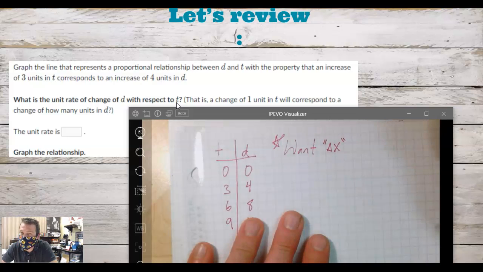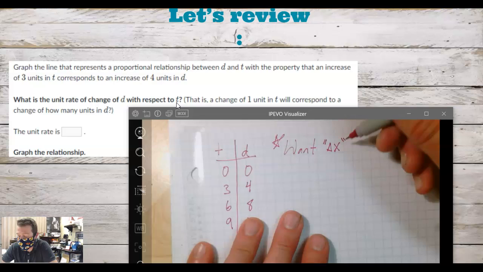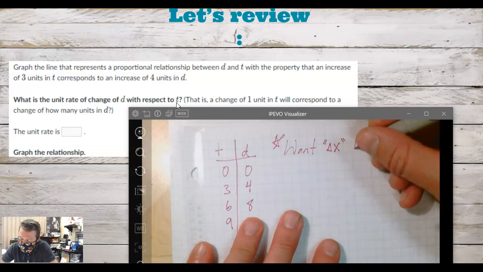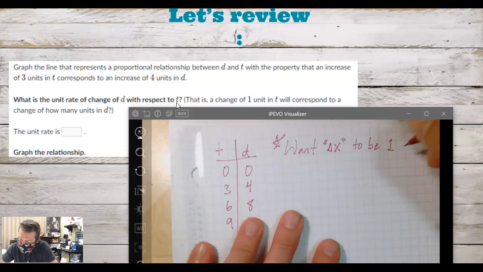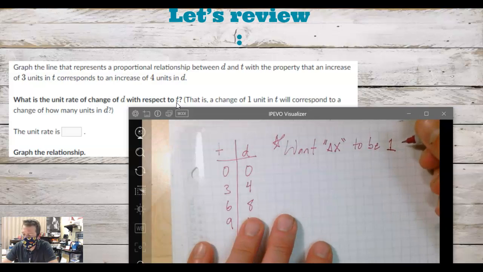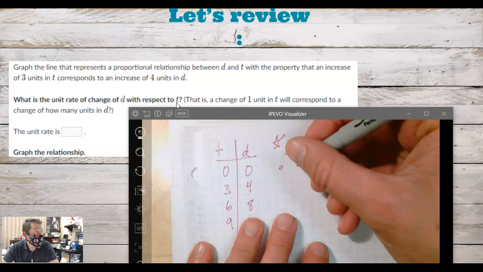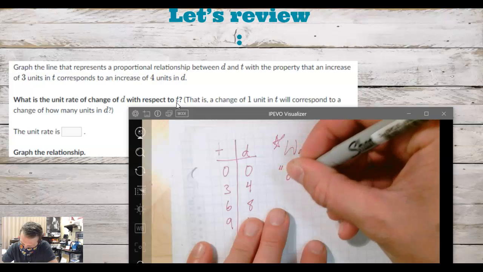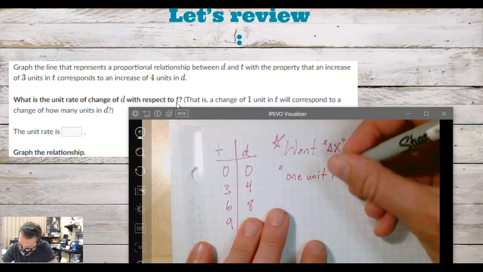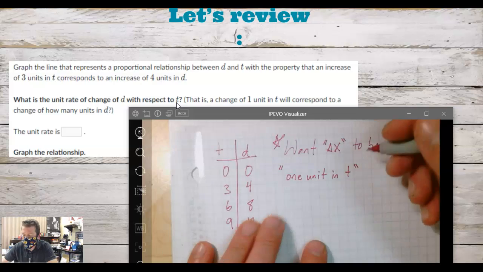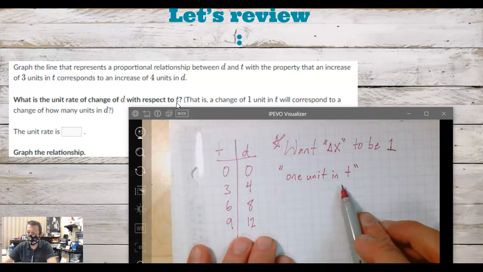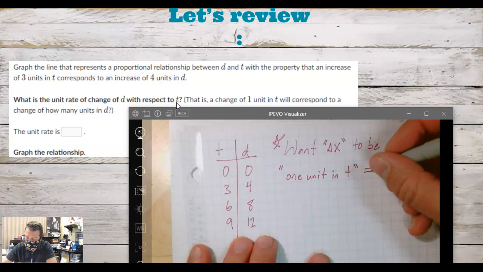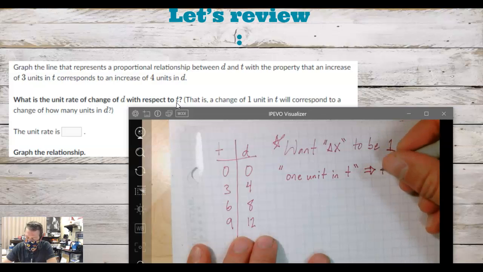Normally we talk in xy, but we're not talking xy here. But what we want is a change of x to be 1 or 10 or something that can turn into 1 easily. So when they say 1 unit in t, that tells us t is our x.